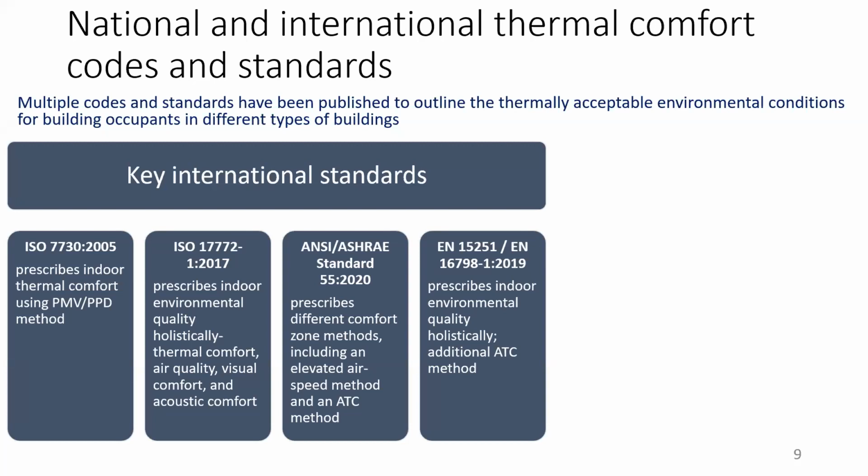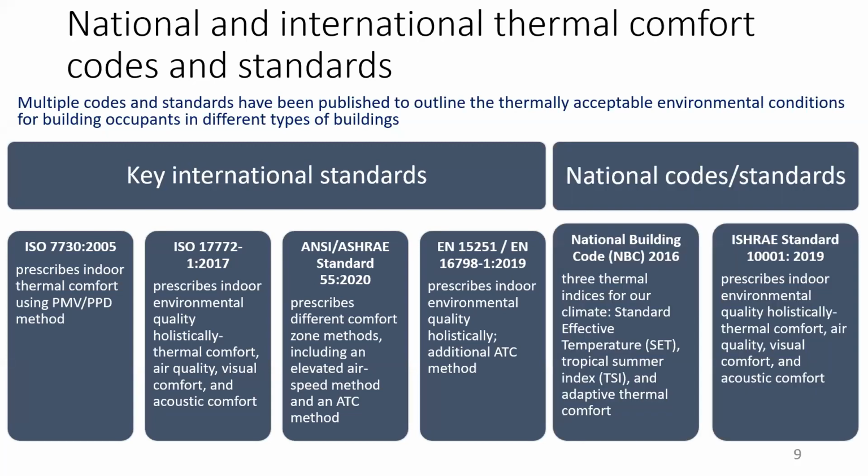The European standard is EN 15251, which is now superseded by EN 16798. The EN standards, like ISO, also prescribe indoor environmental quality parameters holistically. Unlike ISHRAE standard 55, the EN standards also have a separate adaptive thermal comfort method.